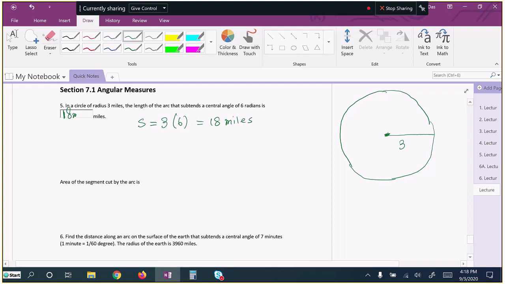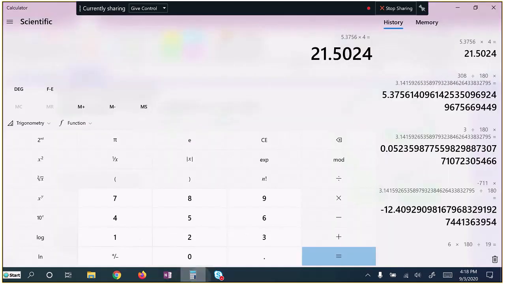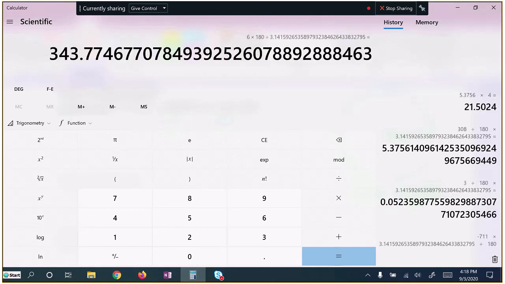Now, if you want to remember what is 6 radian, where would we find 6 radian? So you can do two things. You can change the radians to degree in order to just understand what it would look like as in picture. So 6 radians will be 6 times 180 degrees over pi. So we can calculate that real quick. 6 times 180 divided by pi.